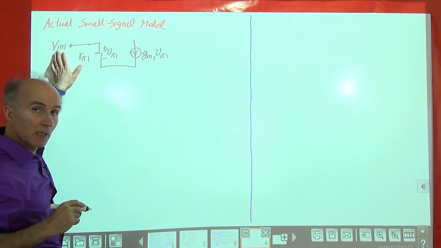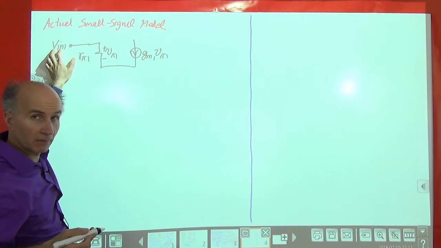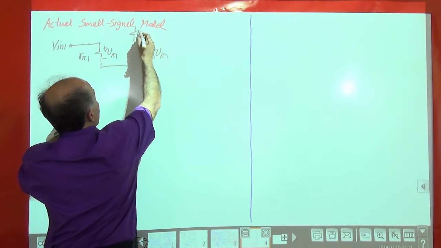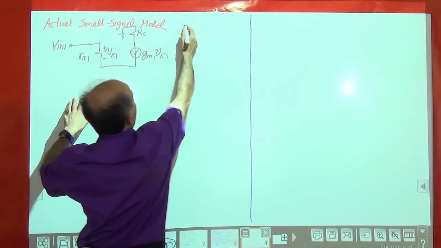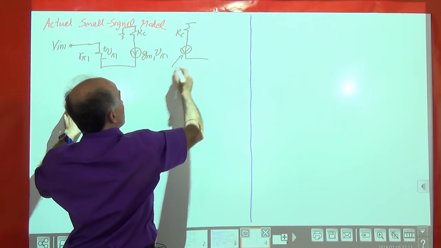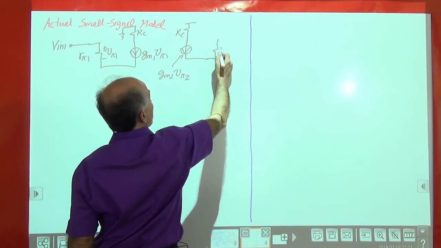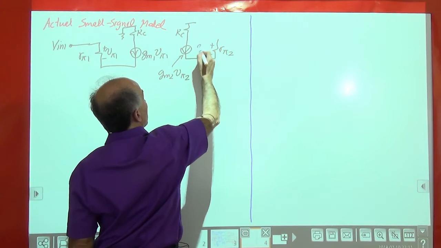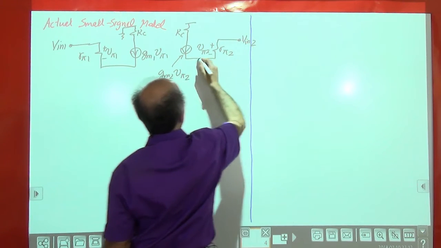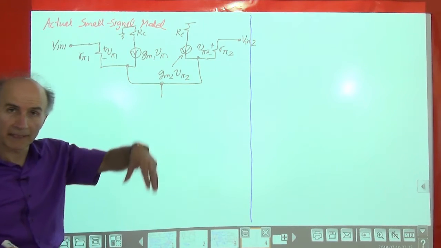Not to be confused with the general V in 1 that we had before. This only signifies the changes in V in. All right, on the other side, this has a resistor, RC, that goes to AC ground. And similarly on this side, we have RC, and then we have this current, which would be GM2 V pi 2, and then this R pi 2 with V pi 2 across it, receiving V in 2, and then these two sources are connected and they go to the tail current source.